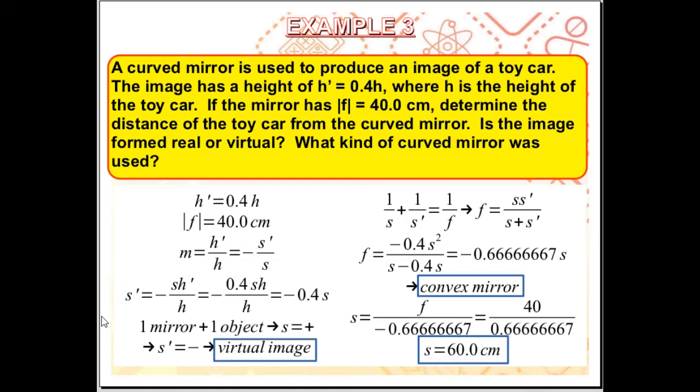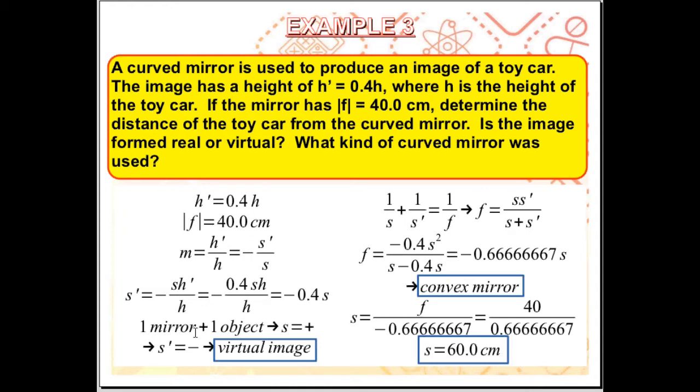For the system described by the problem, you have one mirror and one object. This basically translates to object distance being positive. The only possible way for s to be negative is if there's more than one optical element. If there's, say, two mirrors, or one mirror and one lens, or if you have two lenses.